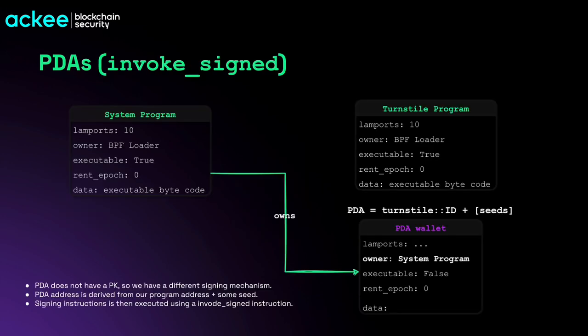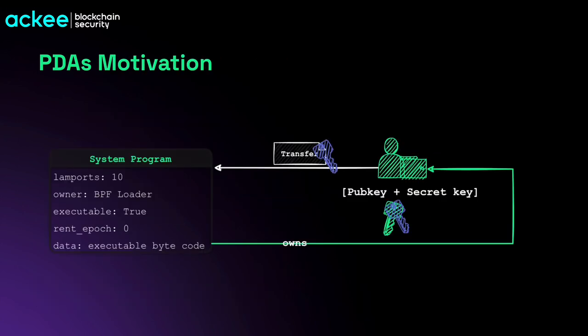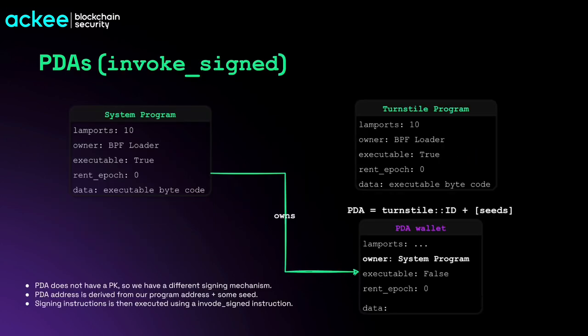If we take a look at the example that we had previously, we're always asking the System Program to do some form of transfer on our behalf, and we need to tell System Program that this is actually us by supplying the private key. This is obviously not possible for programs. Why?